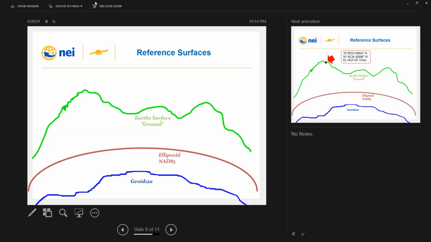Minus 26.442, that's our separation. Had to find the right button.